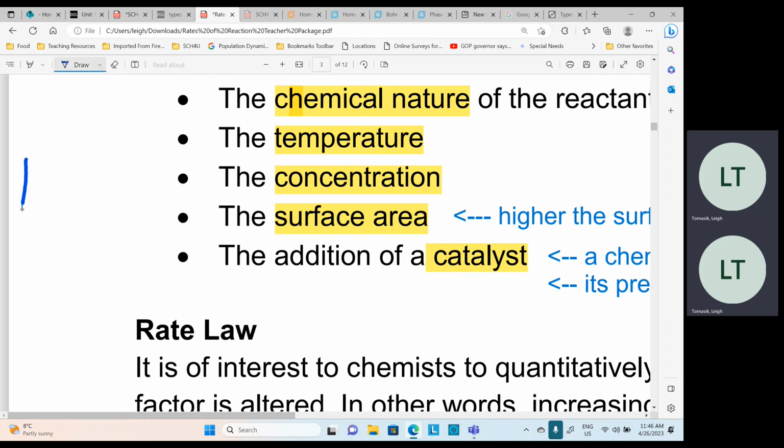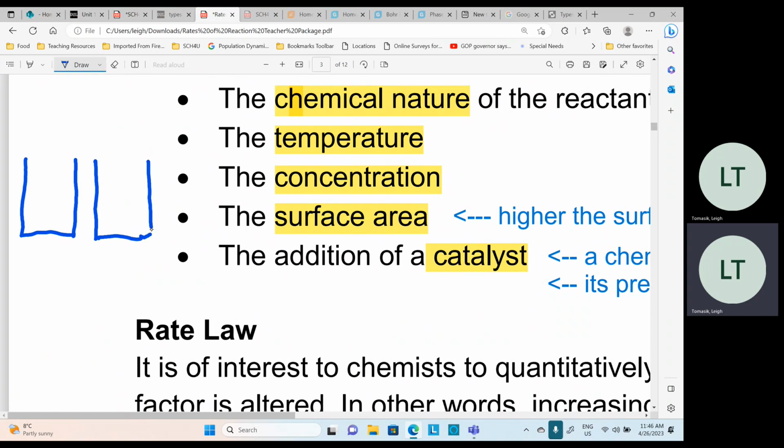So you have two beakers. Let's say they're both filled with an acid. And I'm going to drop some metal in the acid.